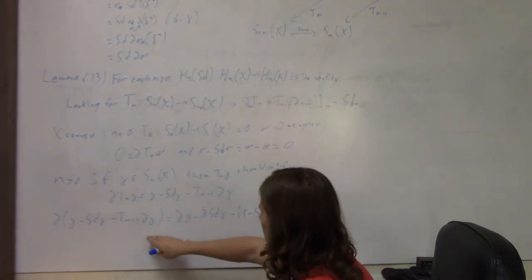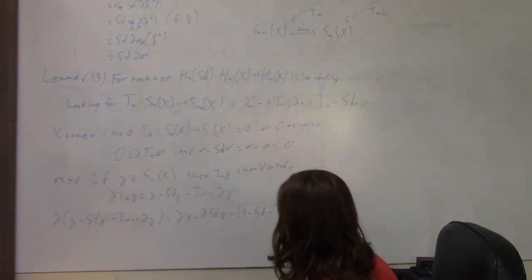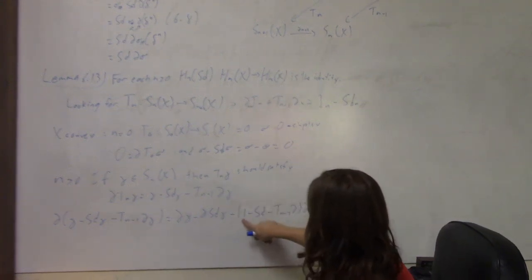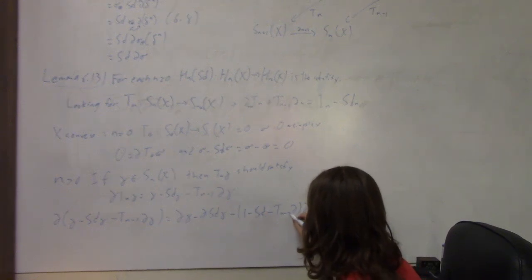Right, because it's still acting on boundary gamma, so that's why we have this, but the boundary of T(n-1) is going to be equal to 1 minus SD minus T(n-2).